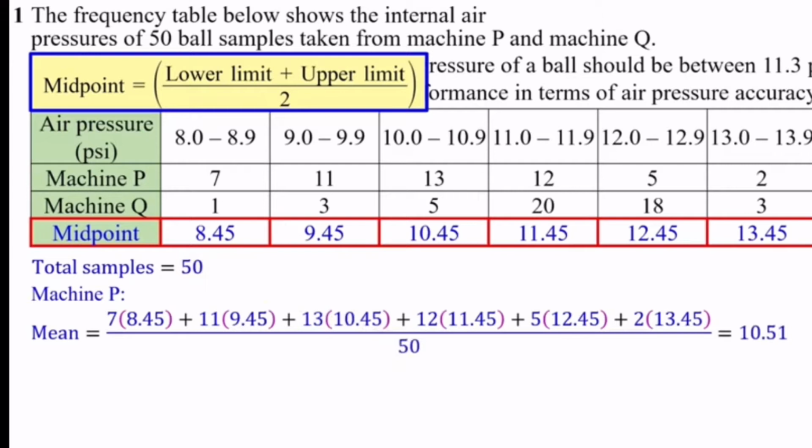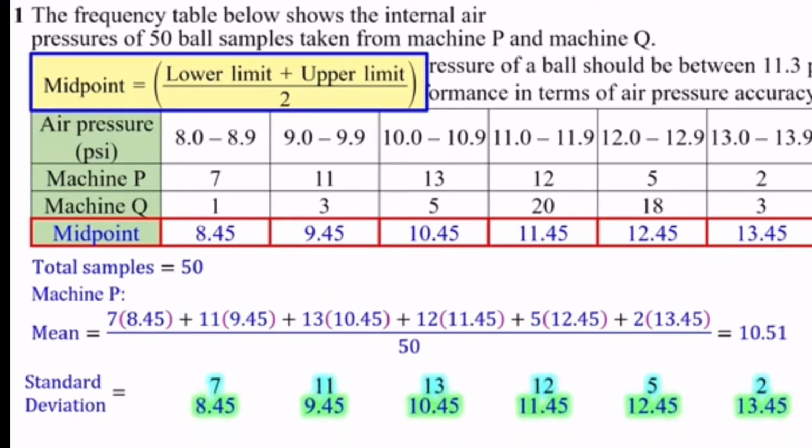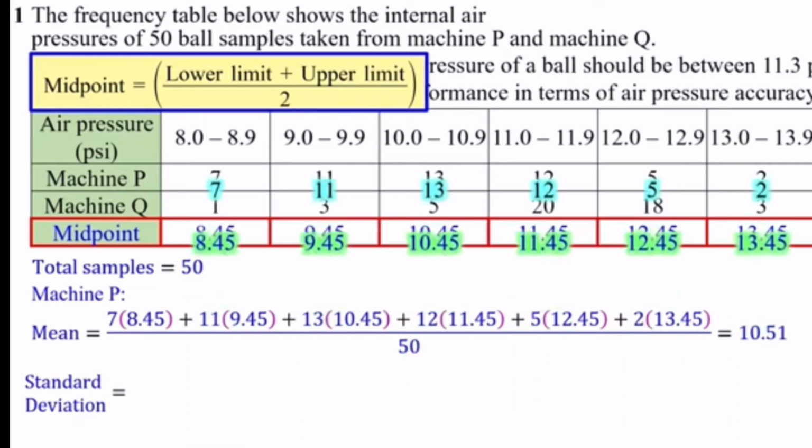Now, after finding the mean, we need to find the standard deviation. The standard deviation is actually the square root of the variance. Alright, so let's write down the formula for the variance: summation of the frequency times the midpoint square, and then we plus one by one.